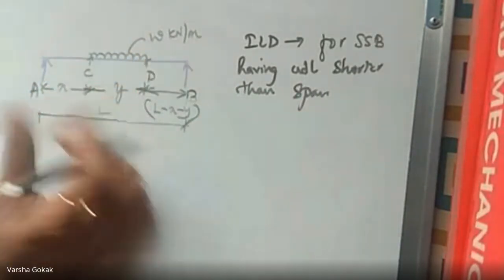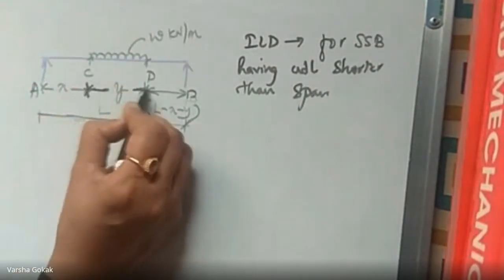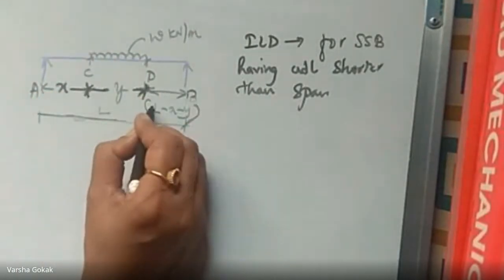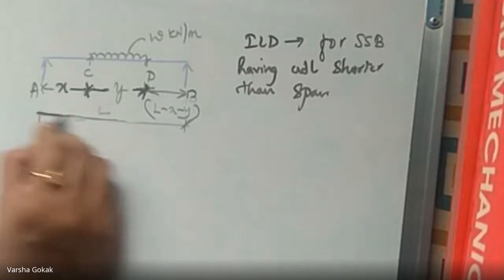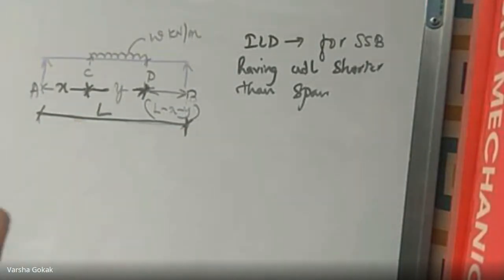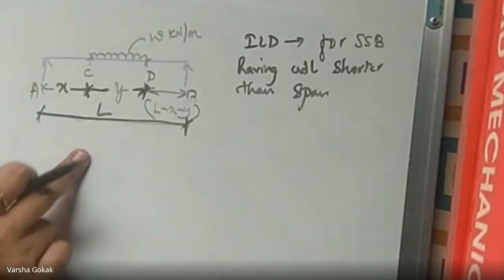This length is Y, and this is X. This point C is at a distance X, so the remaining would be L minus X minus Y, because the total span is L. Now for this, we have to solve. We have taken numericals related to this. Now this is a standard case.